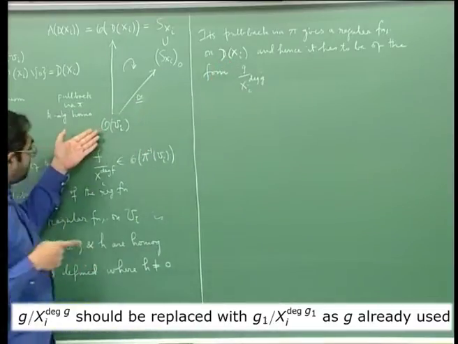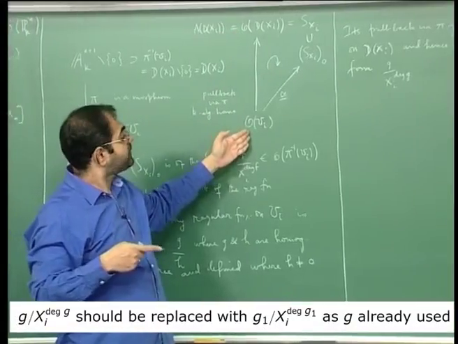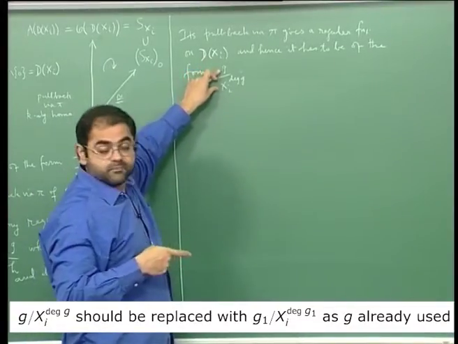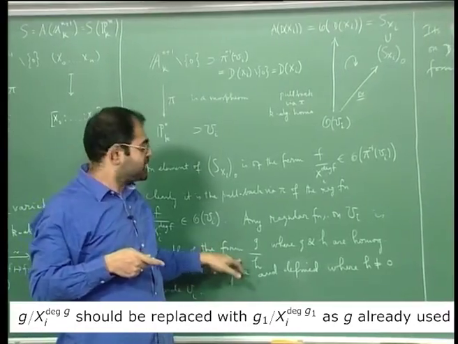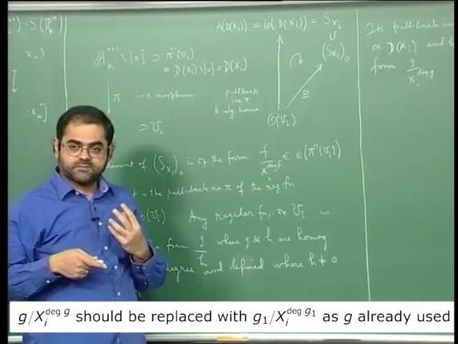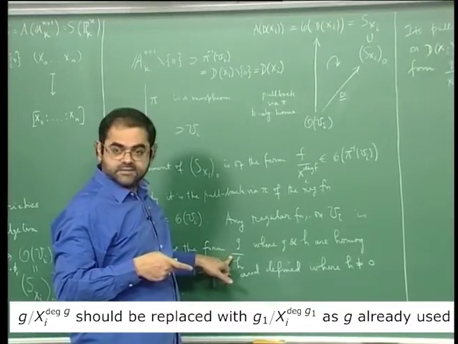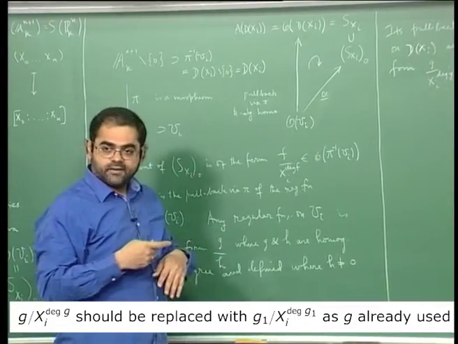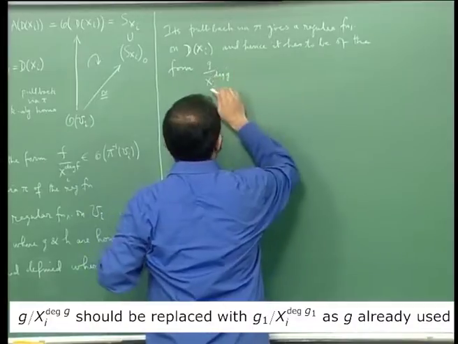Since I am pulling back a regular function from below, I will get a regular function above. The fact that it has come from below tells you that when I pull it back it has to look like this, and therefore this will also be the expression for the regular function below, because g by h is defined on some open subset and coincides with this on some open subset, and that tells you it has to coincide on the largest possible open set. So it has to be of this form.